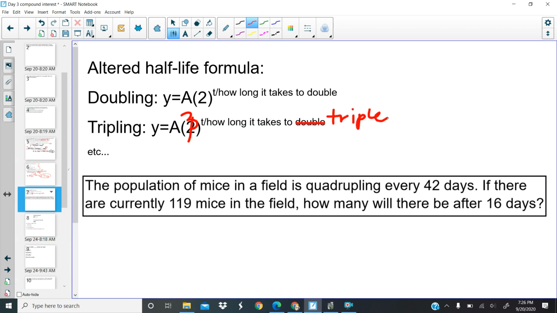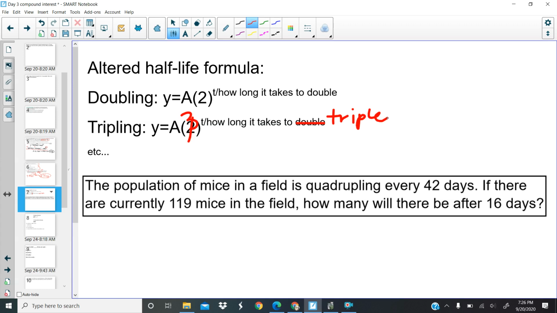If it was quadrupling, then inside the parentheses you would put a 4. The formula is A for the initial amount that you have times 2, or if it's tripling times 3, or if it's quadrupling times 4. And then the exponent is going to be the amount of time that has passed divided by how long it takes to double or triple or do whatever it's doing.